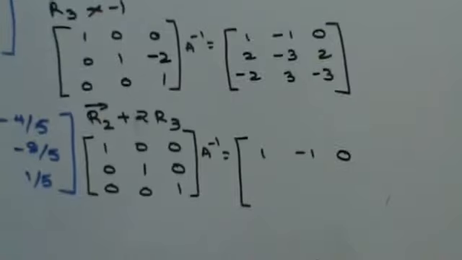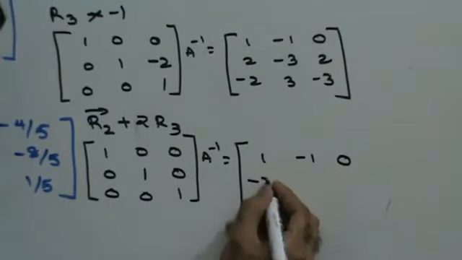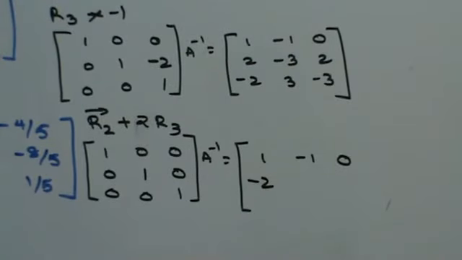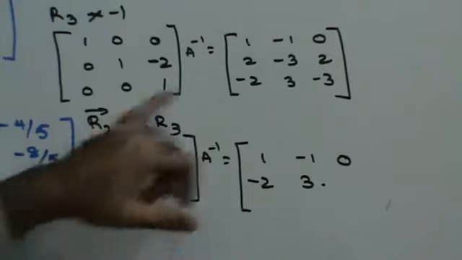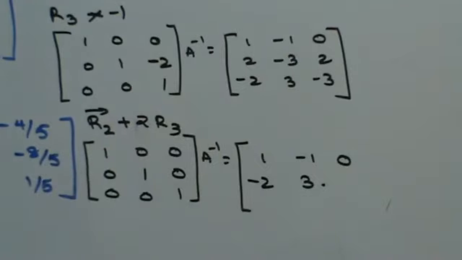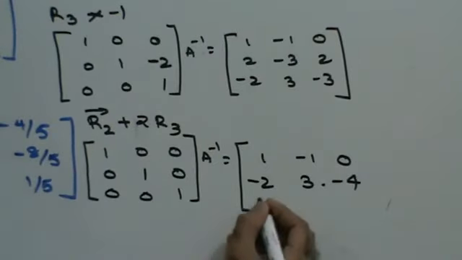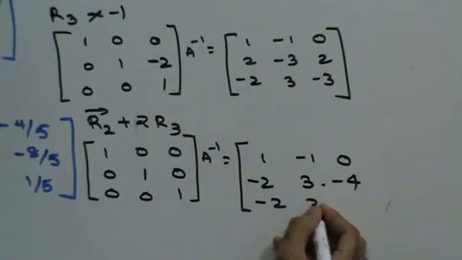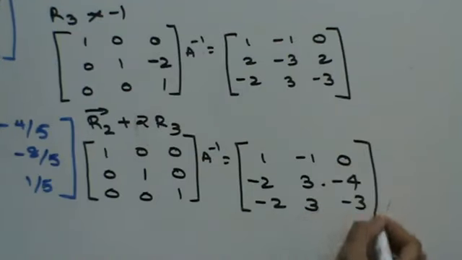So 2 minus 4, that's minus 2. Then minus 3 plus 6, 3. 2 minus 6. This is going to be 2 minus 6, minus 4. Minus 2, 3, minus 3.